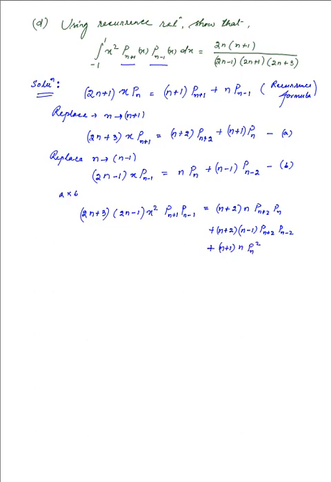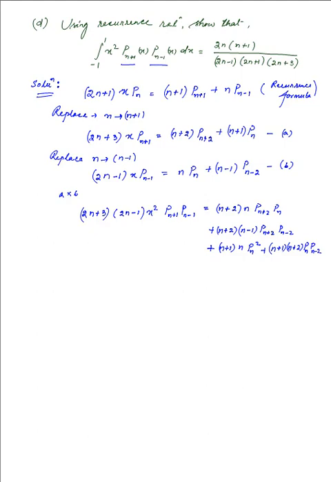And lastly we have the term where we are getting the last 2 terms of both those equations, n plus 1 multiplied to n plus 2 multiplied to P n minus 2. So this is what we are getting after the multiplication.